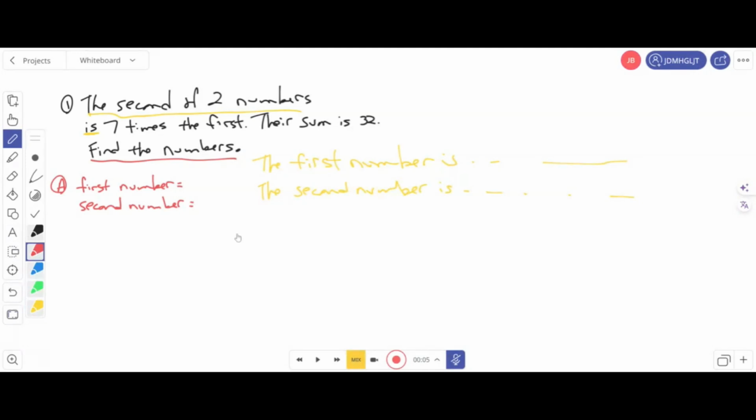So that means that since they're not telling me anything about the first number, it must be x. The second number is written in terms of the first number, in terms of x. So it says the second number is 7 times the first. The first is x, so the second number is 7x, 7 times the first.